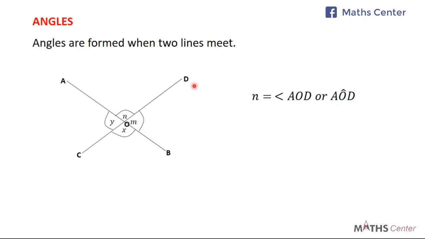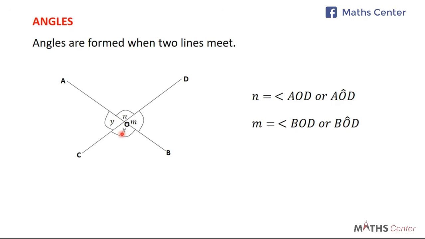The main thing is that the point that the angle falls on must be in the middle. It's also written as angle BOD or BOD, then you bring the sign on top of it. Somebody can also choose to write angle DOB or DOB, with the sign on top of the O.